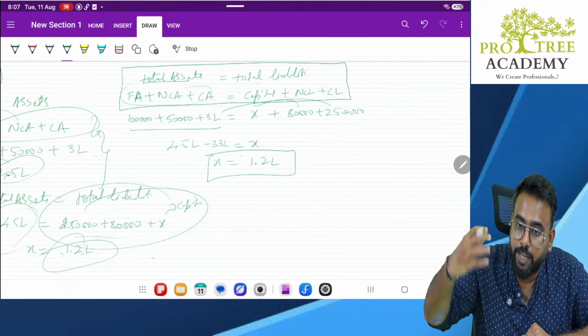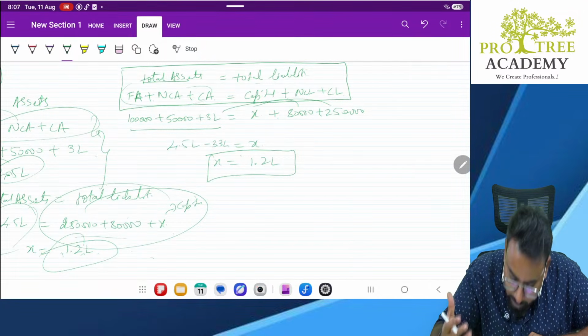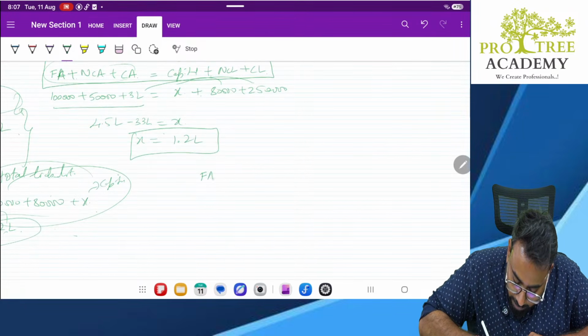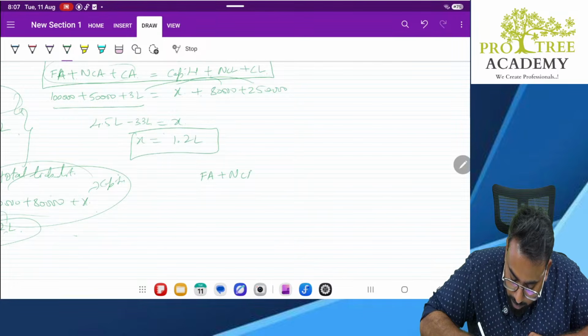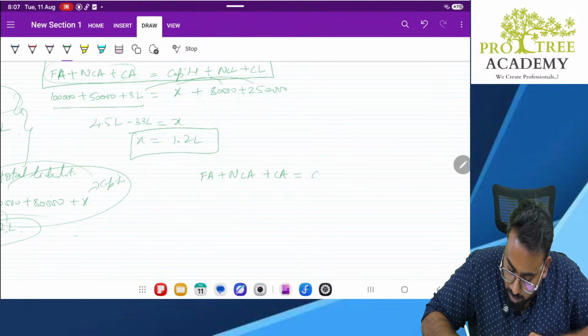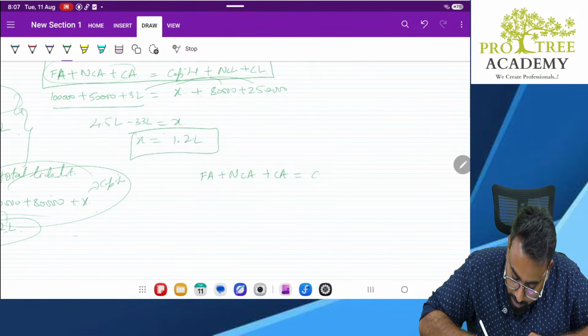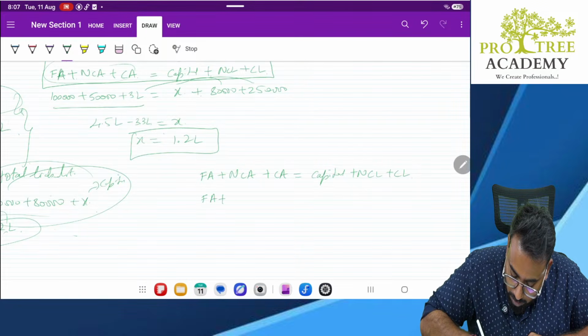Can I improvise this formula? Yes, I can improvise this formula. How do you improvise, sir? You said fixed assets plus non-current asset plus current assets is equal to capital plus non-current liability plus current liability. Can you improvise? Yes, sir. Fixed assets plus non-current assets plus current assets.